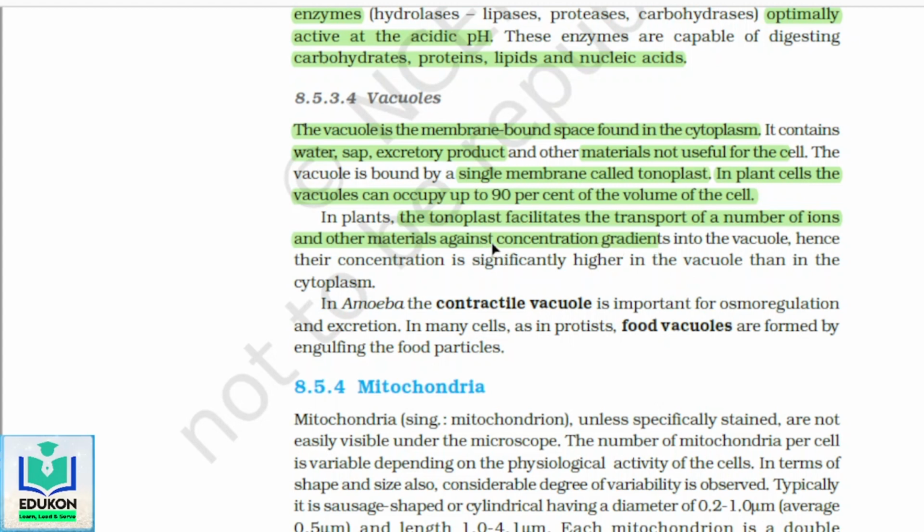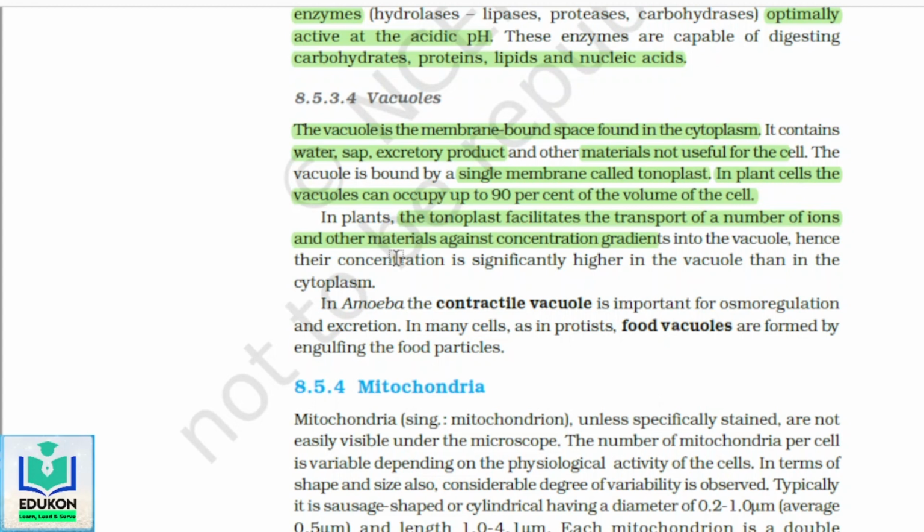So we know about the concentration gradient. Against means it involves energy, because it is movement of ions, molecules, or any other material from lower concentration to higher concentration. This is against the concentration gradient into the vacuole. Remember, according to the concentration gradient means moving of molecules from higher concentration to lower concentration.